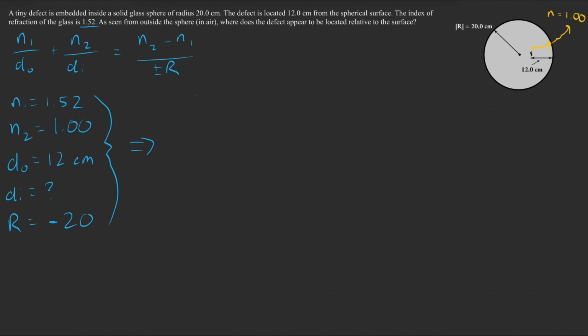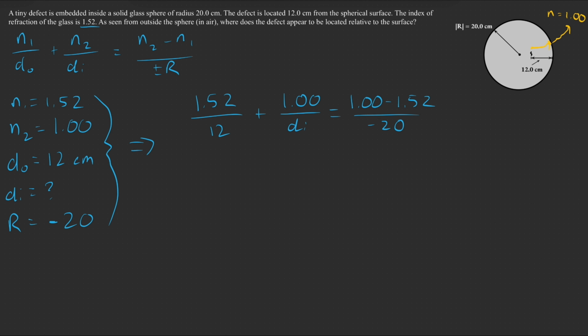So this is going to give us 1.52 over DO, which is 12, plus 1 over DI is equal to N2, which is 1, minus N1, which was 1.52, over negative 20.